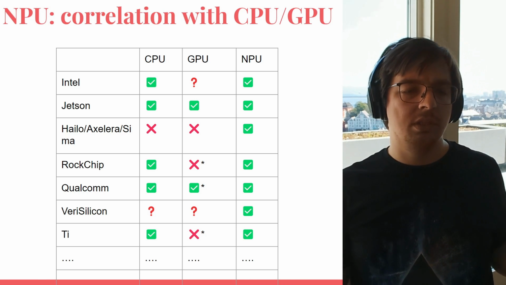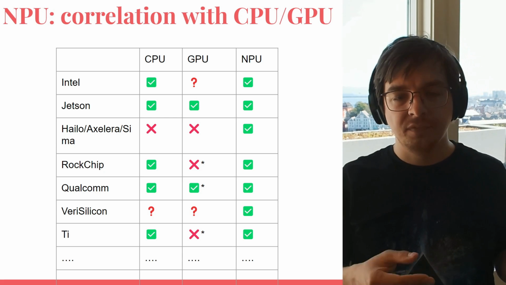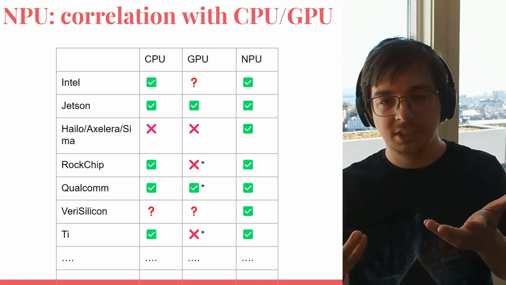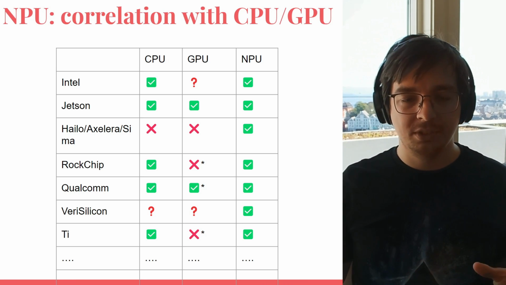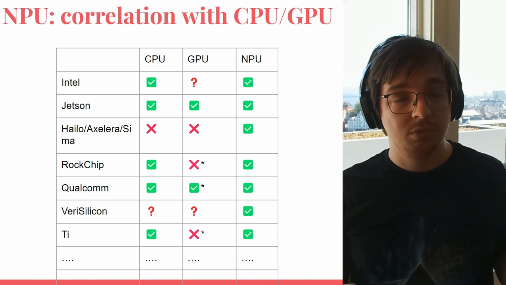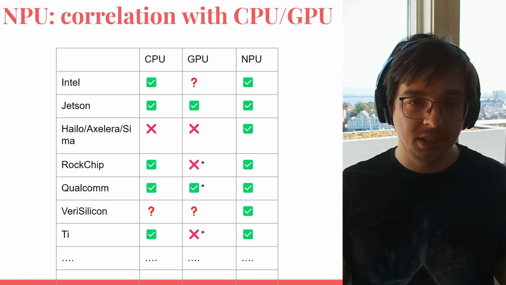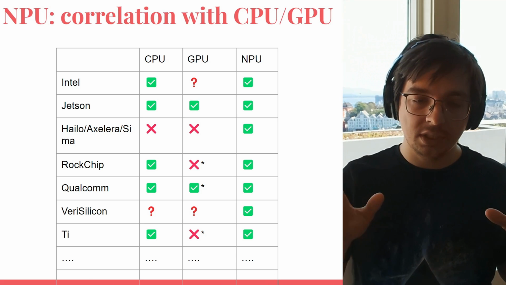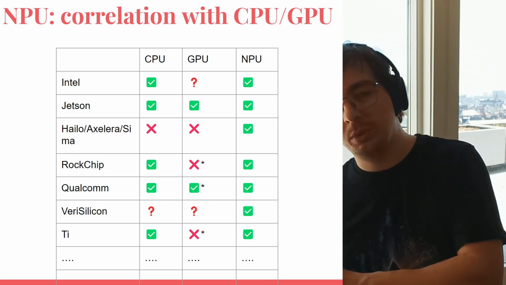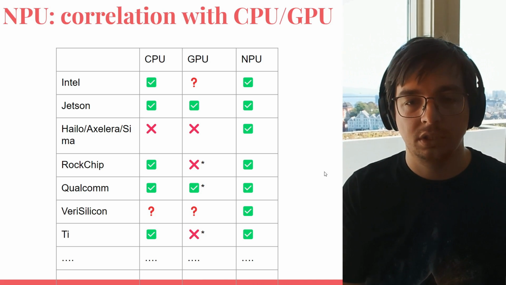For example, VeriSilicon provides all the architectures, but it's up to you what you will print specifically on your board. So it's also a super complicated landscape that is different for different vendors and different boards.